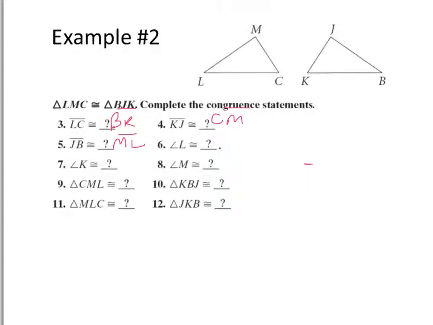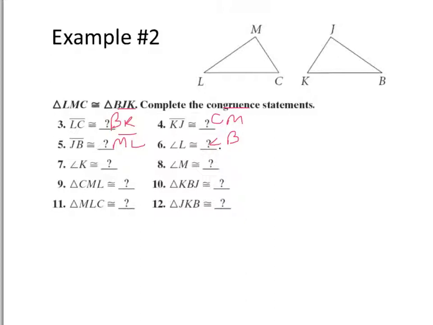In number 6, we're looking at angle L, and we want to know what's congruent to L. L is in the first position in the first triangle. So the first position in the second triangle is angle B. So L is congruent to B. In number 7, we're looking at angle K, which is the third angle, third position in the second triangle.